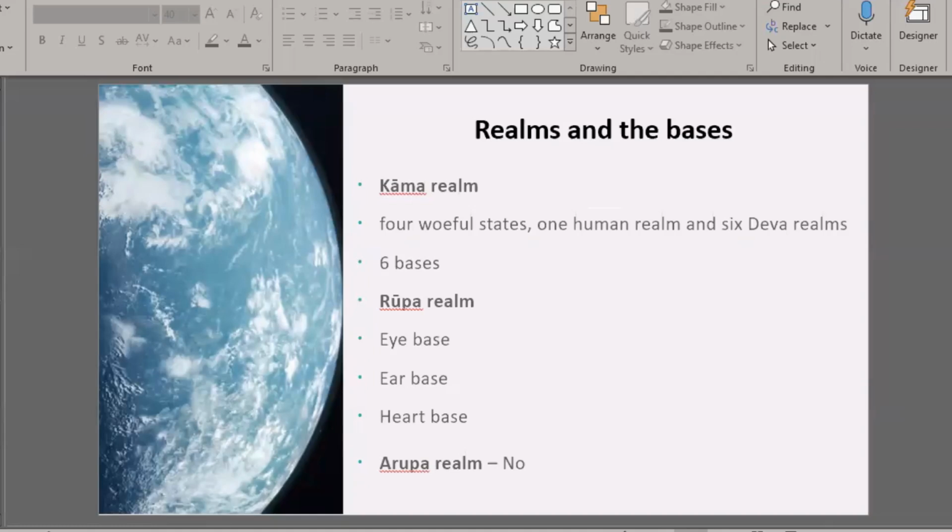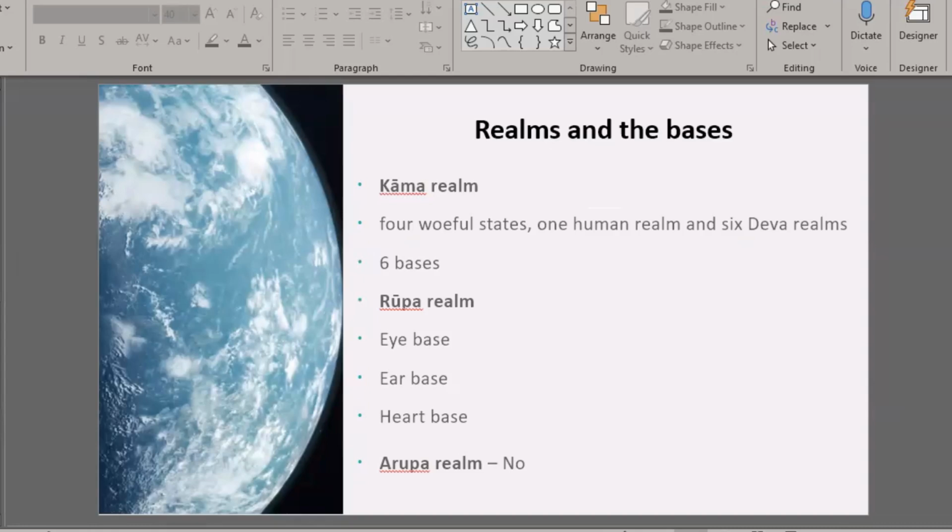Rupa Brahmas never indulge in sensual pleasure, because they have already suppressed it and were reborn in Rupa realm. Therefore, they don't want to indulge in those sensual pleasures.